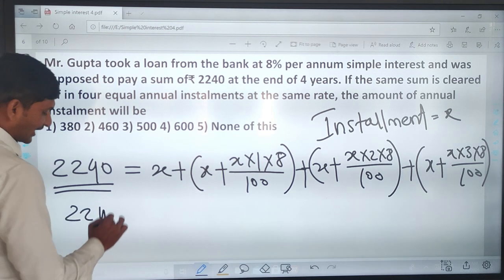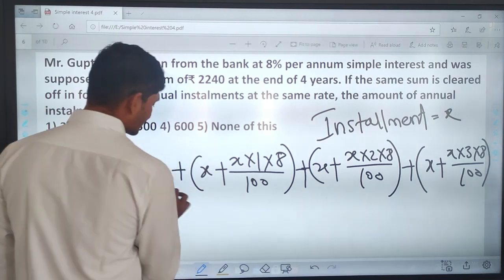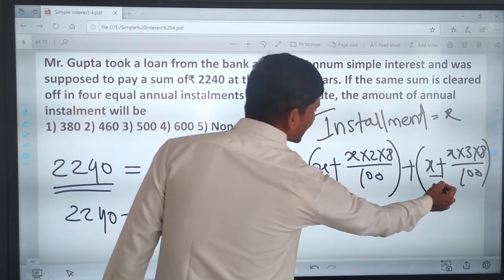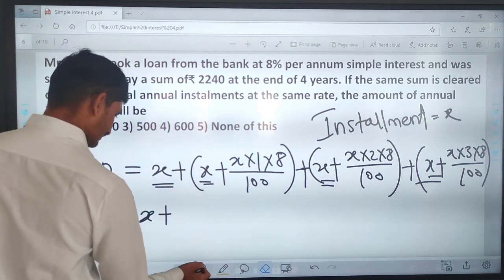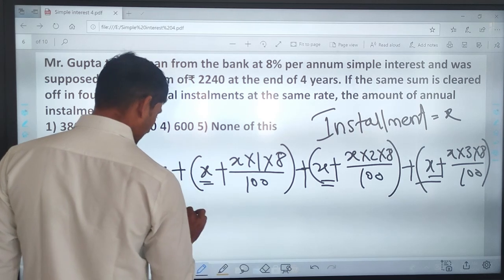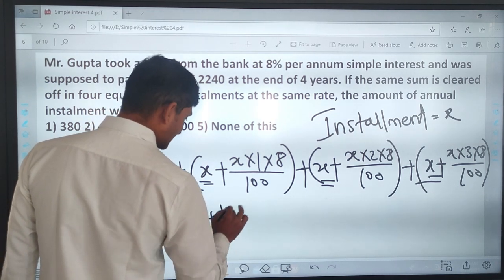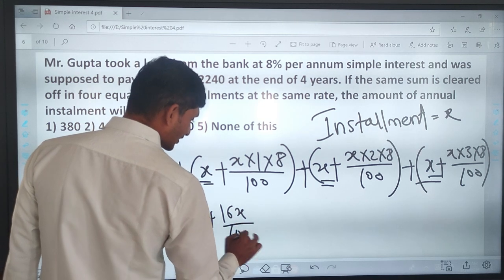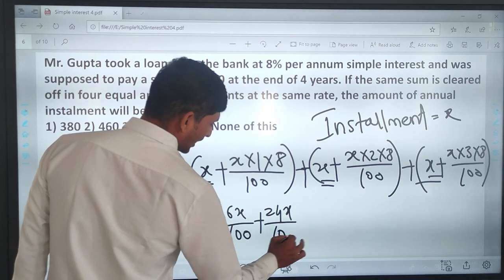Then 2,240 is equal to X plus X plus X plus X, total 4X. Here we write 4X plus 8X divided by 100 plus 16X divided by 100 plus 24X divided by 100.